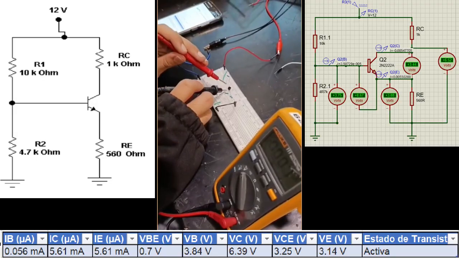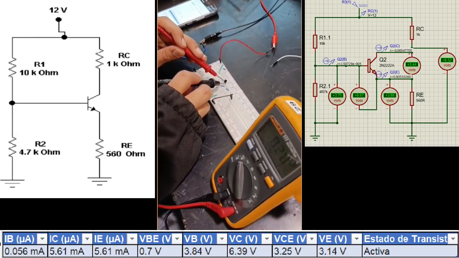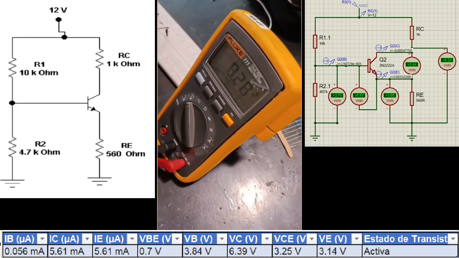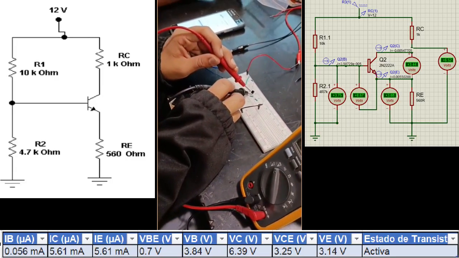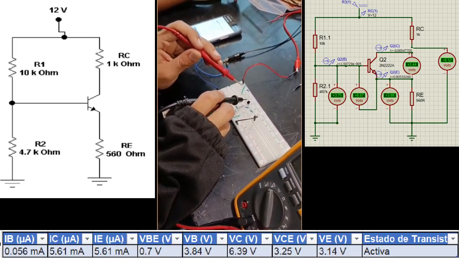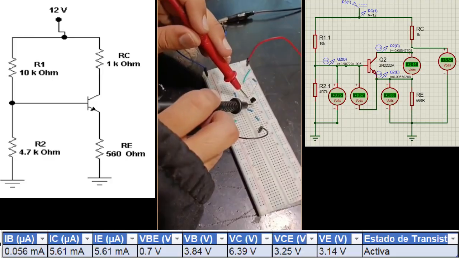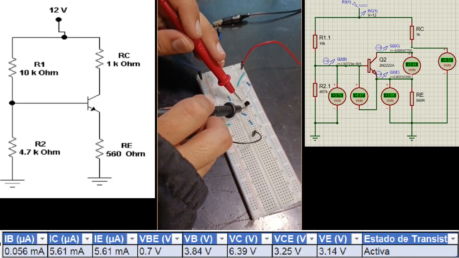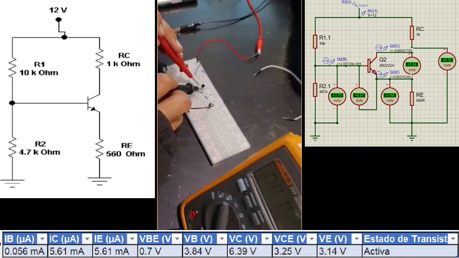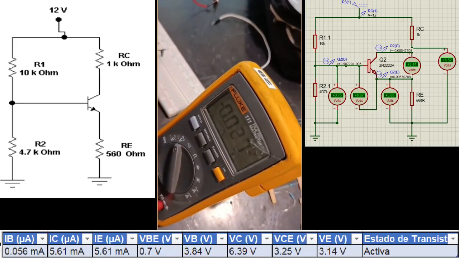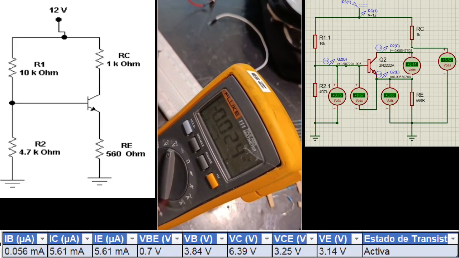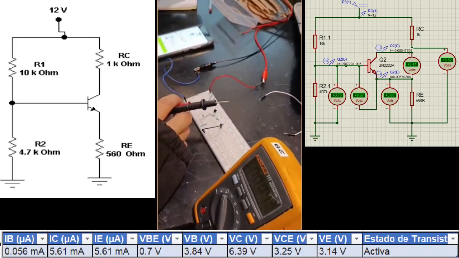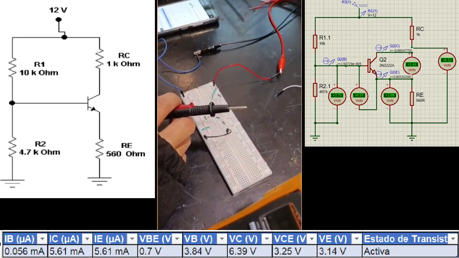Now we change some values and add a resistor to the circuit, and we continue with the measurement. At the same time, we can see the diagram and the simulation. We use a wire for connection to measure the current.